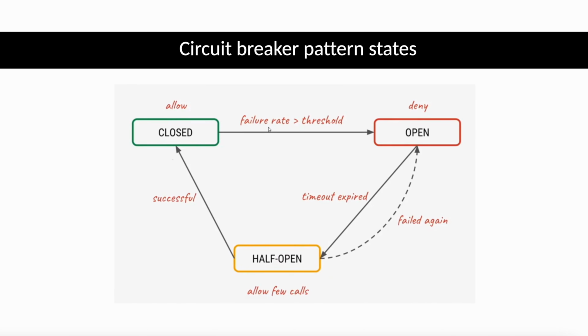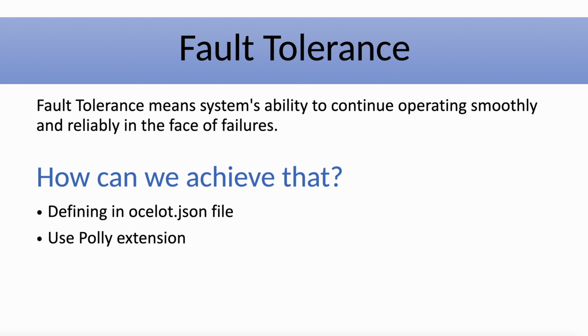Let's talk about fault tolerance. Fault tolerance means the system's ability to continue operating smoothly and reliably in the face of failures. So when we are not able to receive the response from the movie service, and it keeps failing, we should have something in place to handle that. That's fault tolerance.